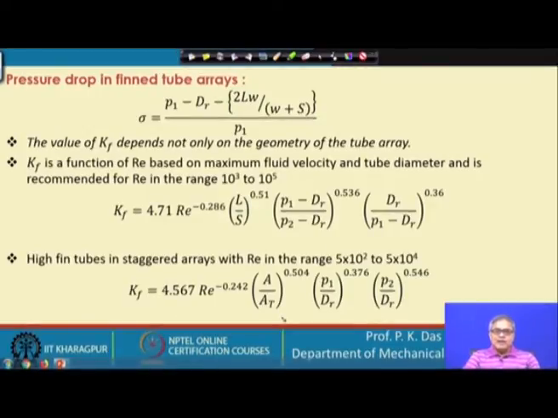So, as I have told, delta P depends on K A and K F. K A depends on sigma. We have shown in this particular slide how to calculate sigma, and we have also given some exhaustive correlations for K F. Now, let us move to the next slide.